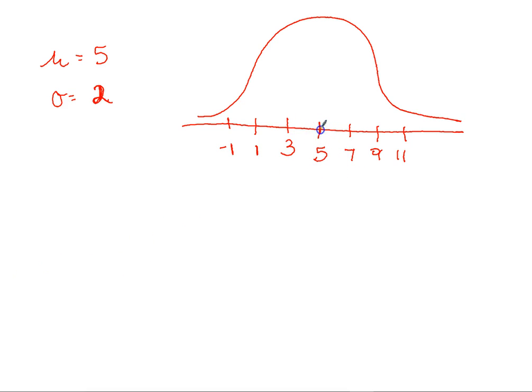If it said shade the region, a lot of times you'll see these lines that come up here, because these are our standard deviations. And we talked about them earlier, where this amount right here that I'm showing from 3 to 7, that's one standard deviation away from the mean. 1 below, 1 above.